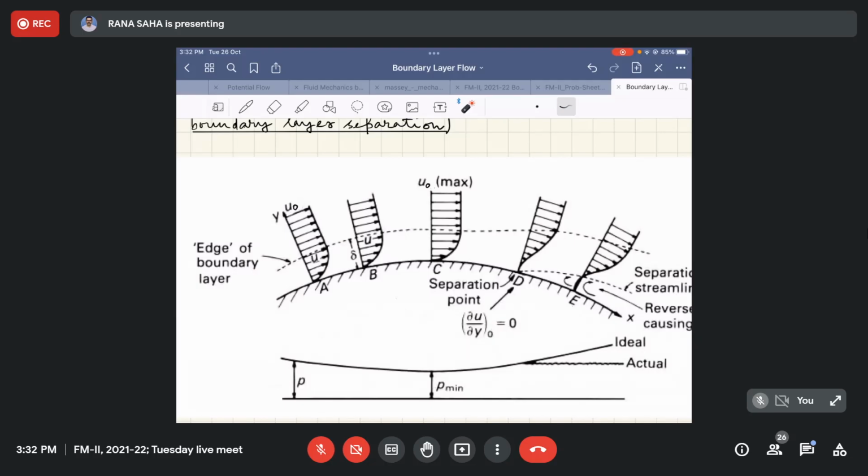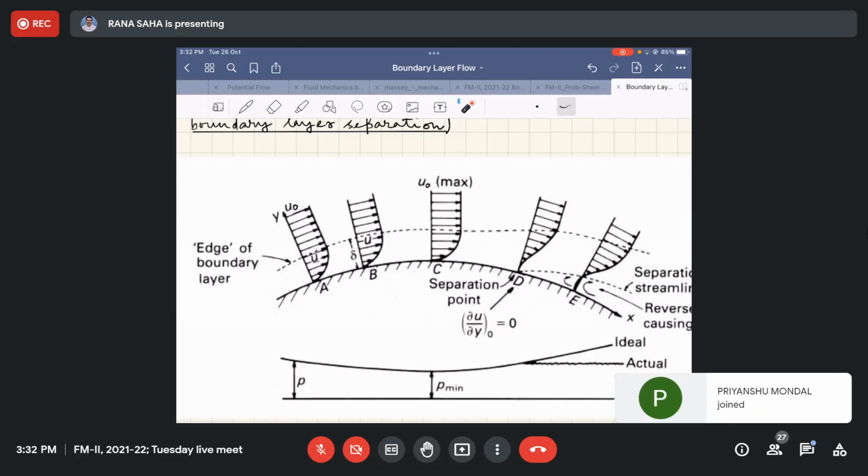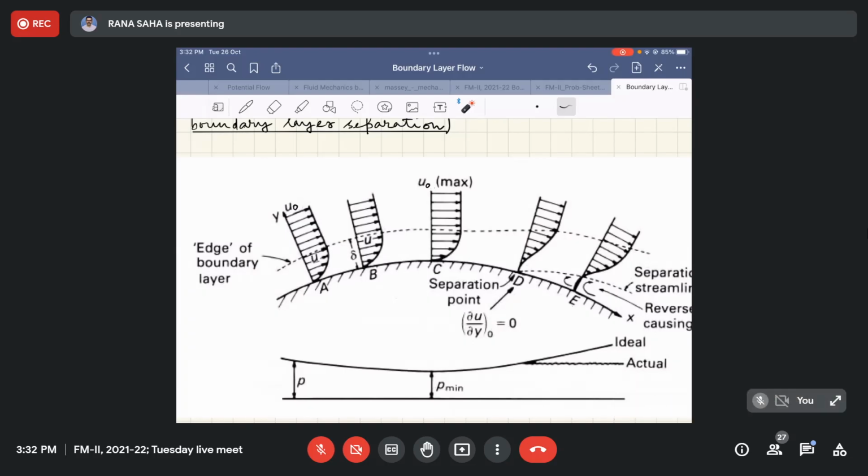Why is u naught changing? Because it is a situation of a converging passage. If this boundary was not there, you would have flow only in this direction. Due to the presence of this curved boundary, the flow is trying to adjust itself.